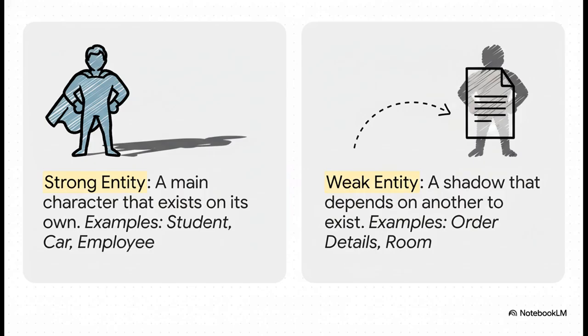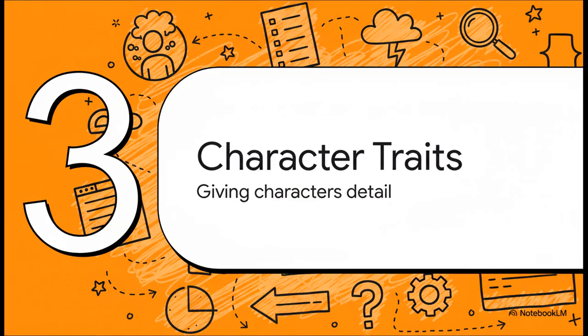But on the other side, you've got weak entities. And they're exactly what they sound like. They're more like a character's shadow. They literally can't exist without being attached to a main character. I mean, think about it. What are order details without an actual order? Or a room without a house? They're totally dependent.